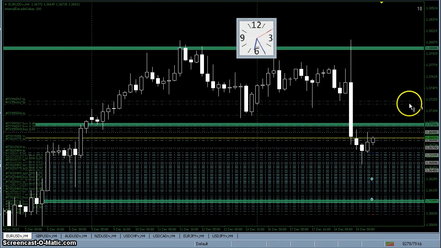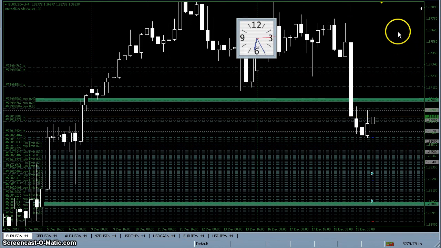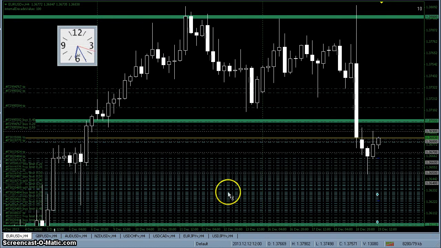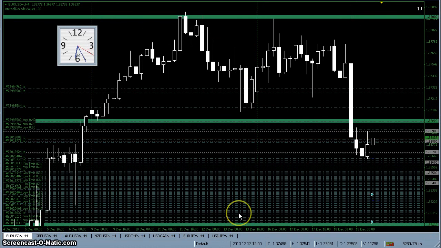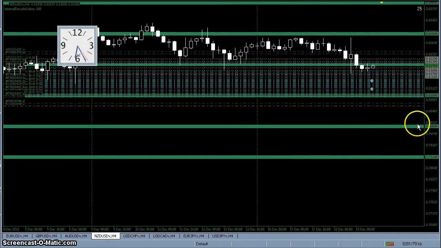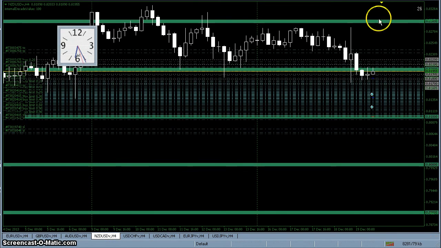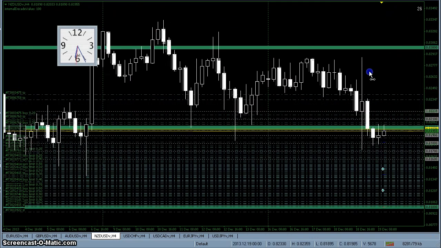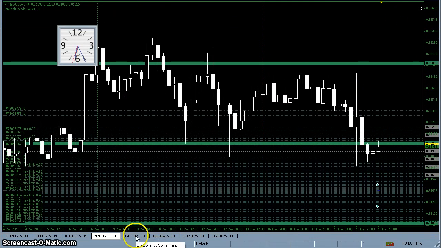There's the euro dollar. So looking for some type of it's 6:30 in the morning. Typically this thing rolls over, and coming into the United States session, a lot of short covering or buyers, whatever it is, who knows.